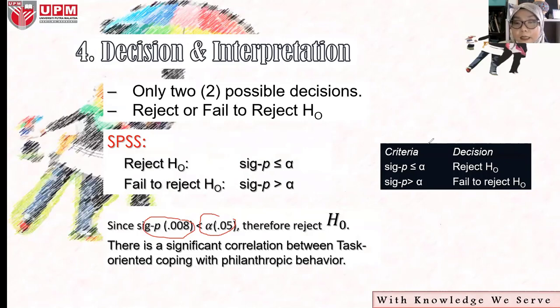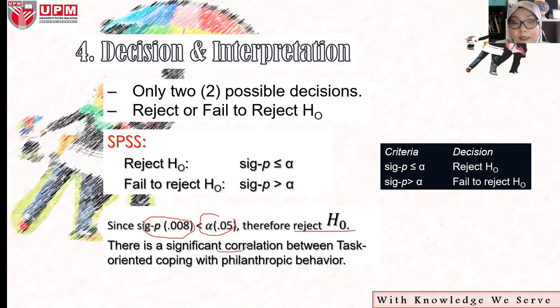So the criteria is if the significant value is lesser than or equal to alpha, therefore we reject H naught. If the significant value is larger than alpha, we fail to reject H naught. So based on our findings, since the significant value 0.008 is lesser than alpha 0.05, therefore we reject H naught.